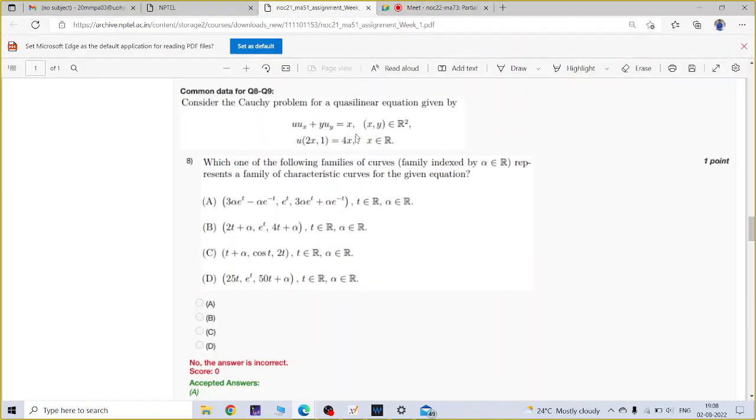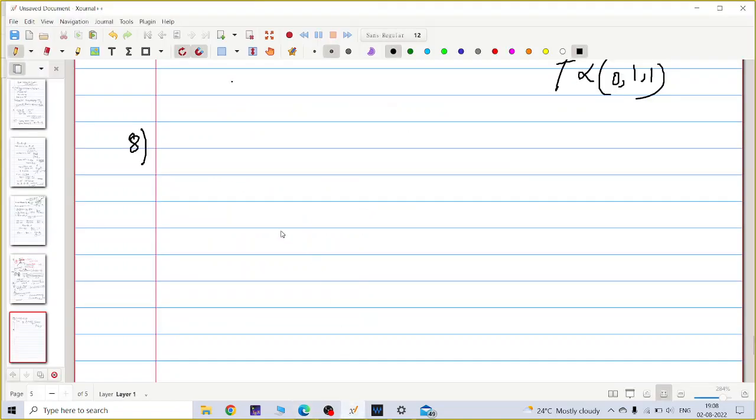Yes, sir. I want to solve this Cauchy problem. Follow what I'm doing. I'm writing the equation: u into ux plus y uy equal to x, and initially it is given that u(2x, 1) is equal to 4x, right?